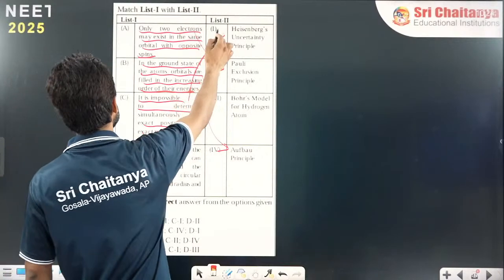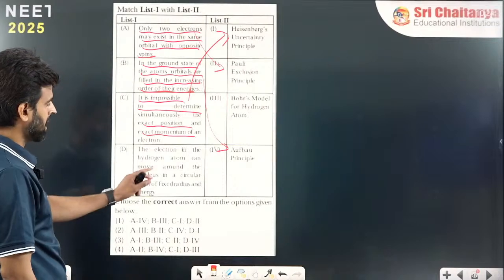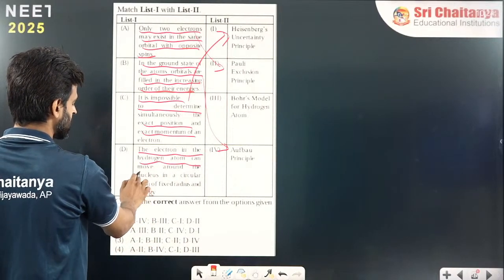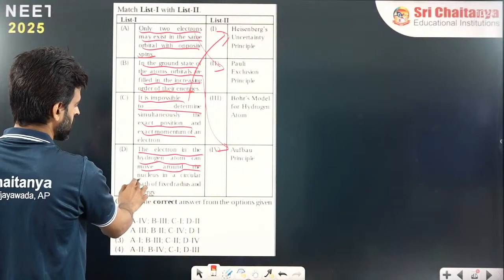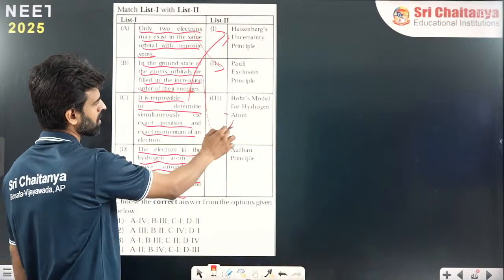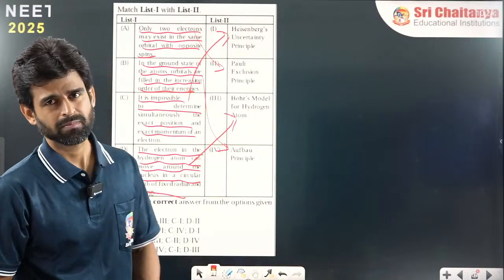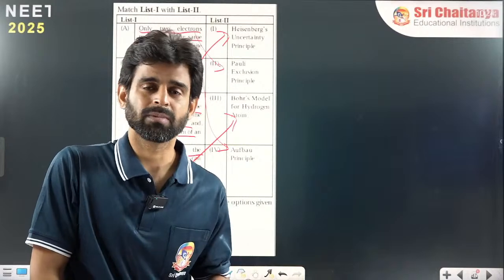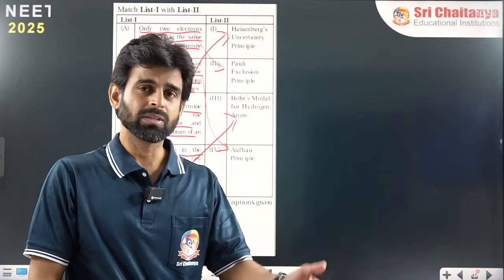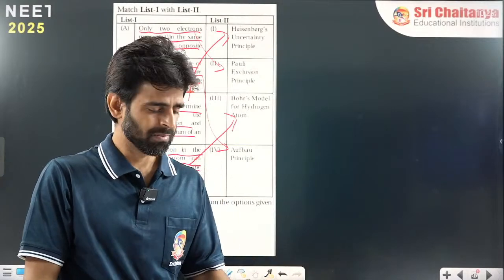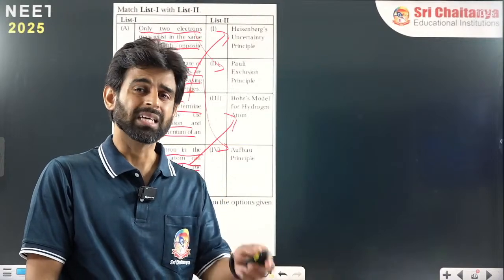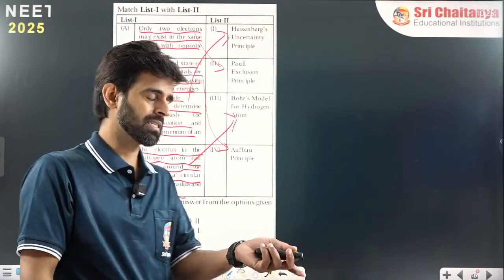Definitely the Heisenberg uncertainty principle. And the electron in the hydrogen atom can move around the nucleus in a circular path called an orbit, given by the Bohr model for the hydrogen atom, right? Actually Rutherford also said the same thing, that electrons will revolve around the nucleus in an extranuclear part, right? But the shell discussion, orbital discussion, stationary path discussion was done by the Bohr model.